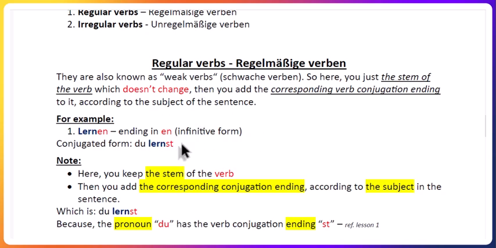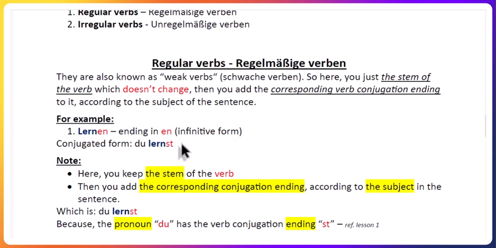The verb, a comma, the subject. The conjugation depends on the subject of the sentence. Without the subject, you can't conjugate the verb.